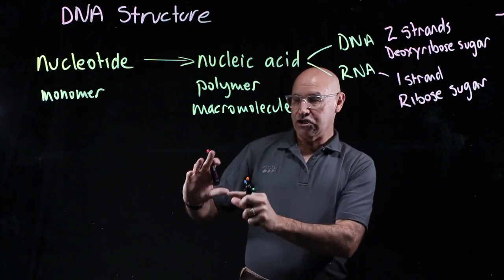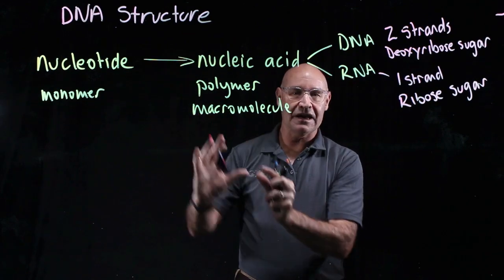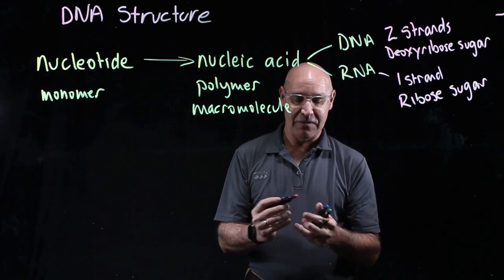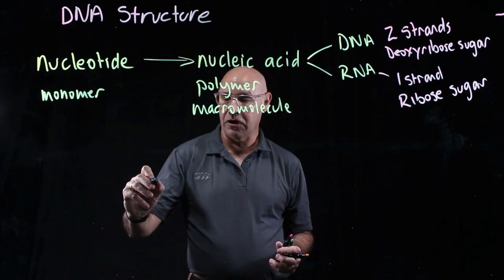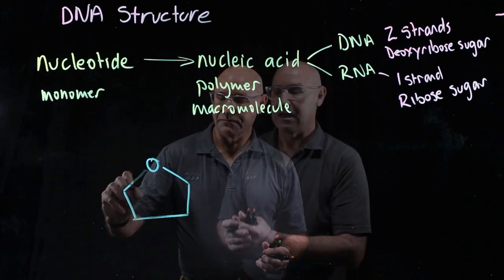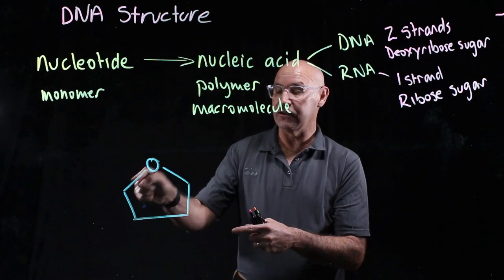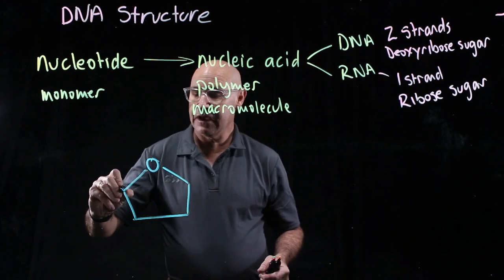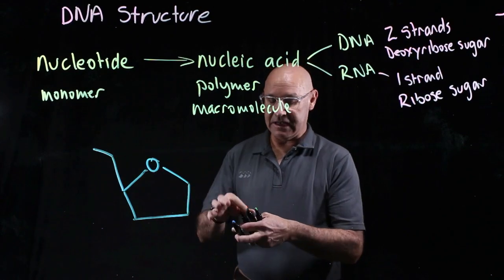I'm going to show you the basic structure of a nucleotide, and then we're going to put it together to make DNA. So this is what a nucleotide looks like. First of all, we've got our sugar. The O here is for oxygen, and each of these corners is a carbon. And then we have another carbon here.